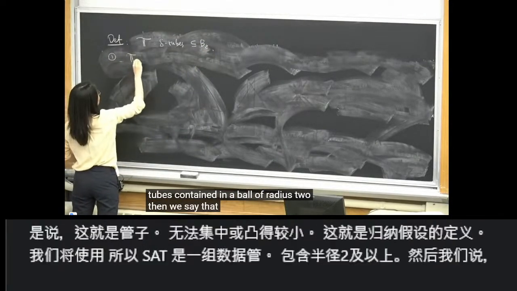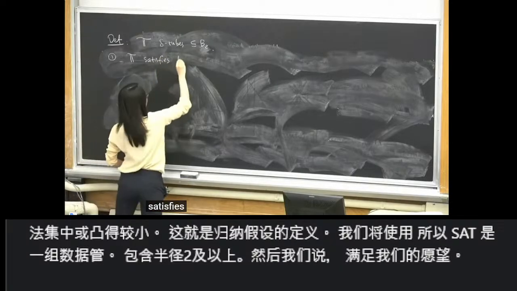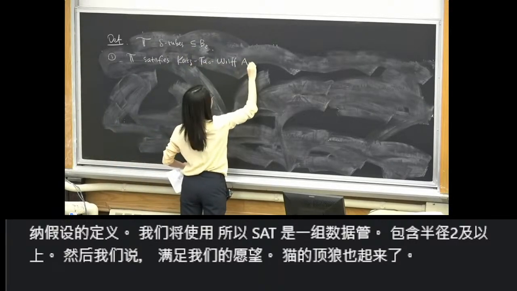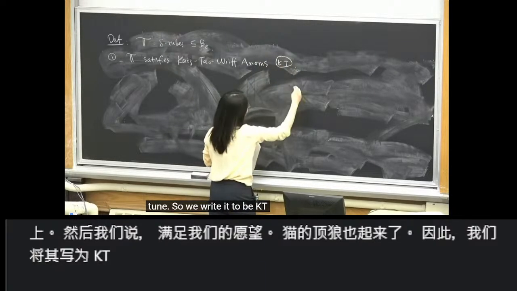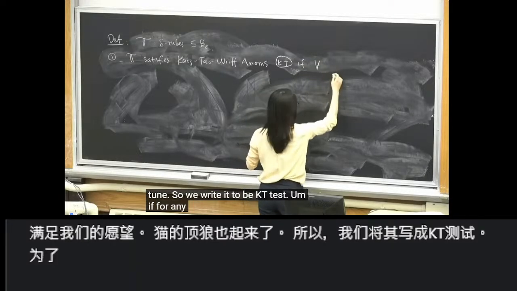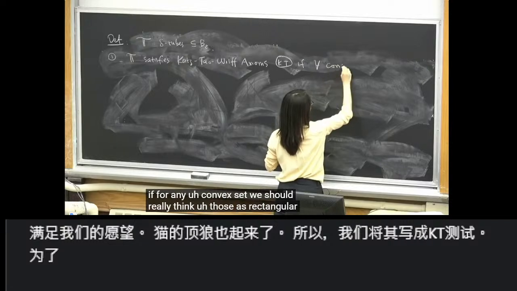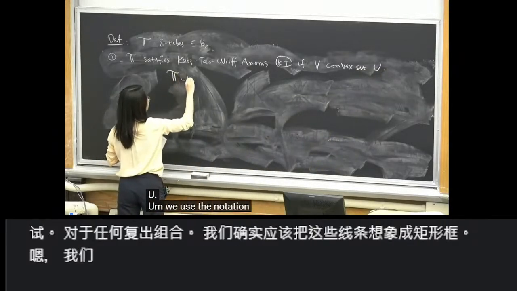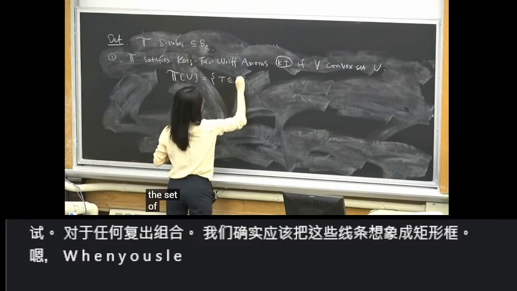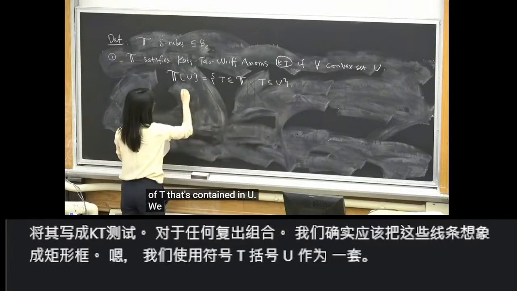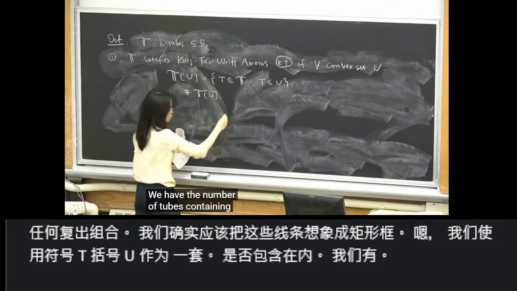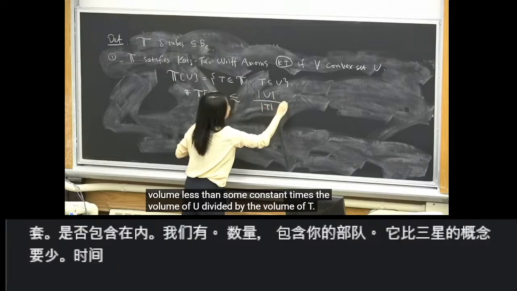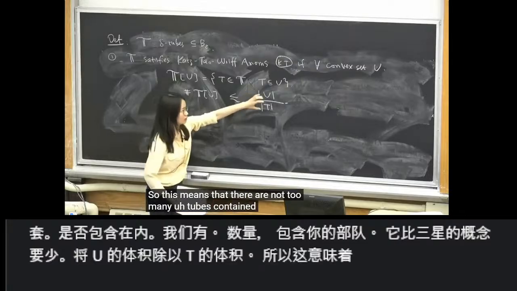Then we say that T satisfies the Kakeya-Wolff axiom, which we write as KT Kakeya, if for any convex set, which we should really think of as a rectangular box, we use the notation T bracket U as the set of tubes in T that are contained in U. We have the number of tubes contained in U is less than some constant times the volume of U divided by the volume of T. So this means that there are not too many tubes contained in any convex set.